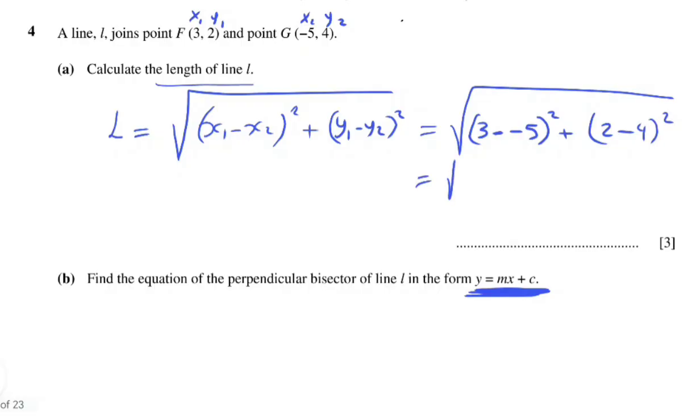So the square root of 3 plus 5, which is 8, 8 squared is 64, plus negative 2 squared which is 4, so the answer should be the square root of 68. If you leave it as an exact value, it's fine.